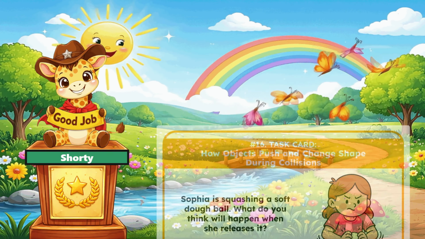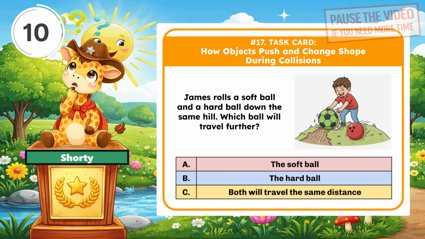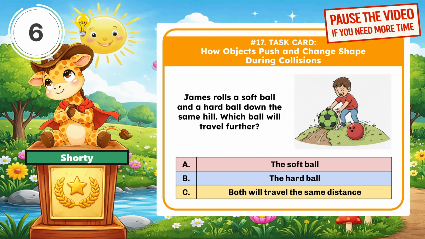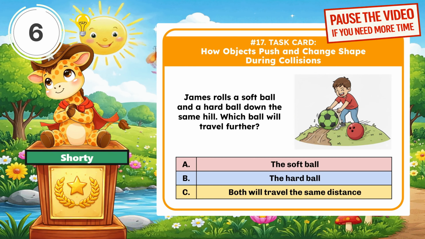James rolls a soft ball and a hard ball down the same hill. Which ball will travel further? And the correct answer is letter B, the hard ball. Robert is pushing two cars.